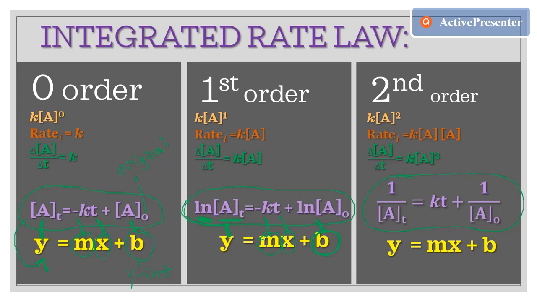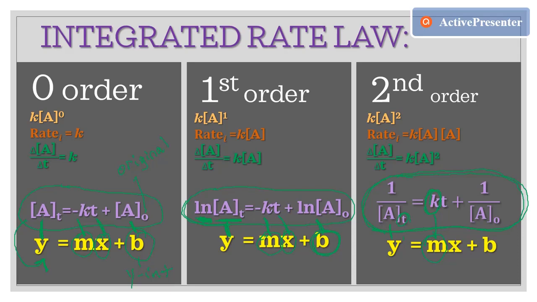Now in your second order, the formula is slightly different, but it's still in the same format. You have 1 over your final concentration of A, and that's going to be y. And then your slope, your m, is going to be, look at this, we have a positive k in the second order. Because when it's a second order formula, it turns out that way.